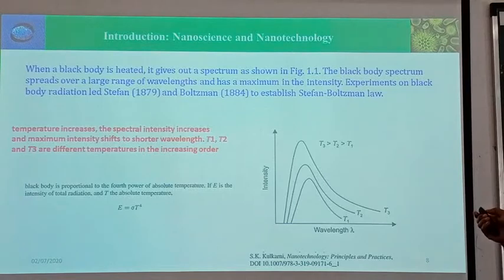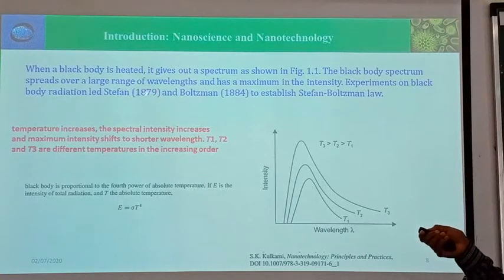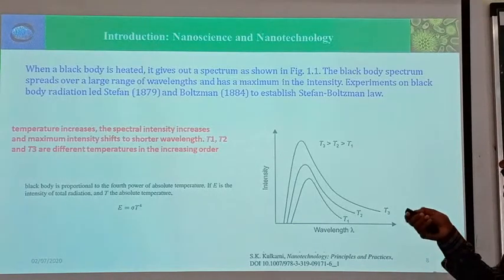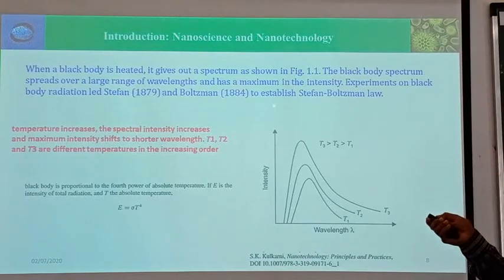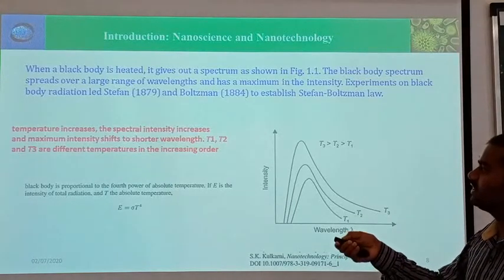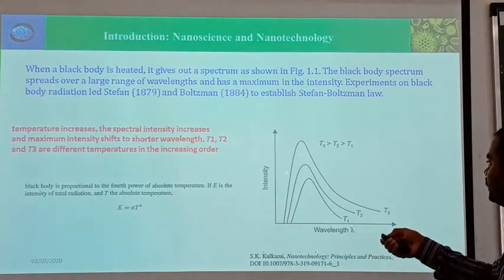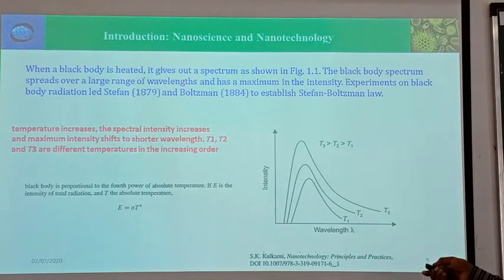Now experiments on black body radiation led Stefan in 1879, and Boltzmann, to establish the Stefan-Boltzmann law. So what this represents: as the temperature increases, the spectral intensity increases and the maximum intensity shifts to a shorter wavelength.